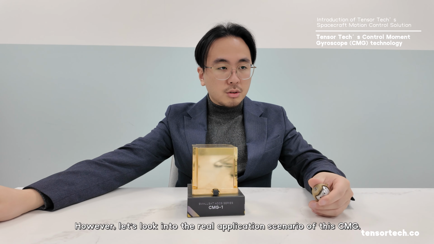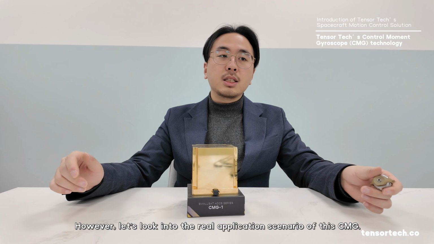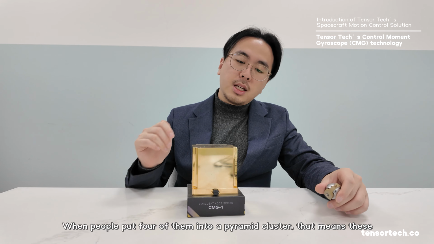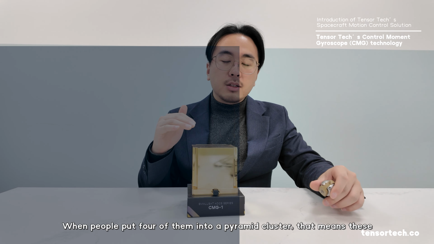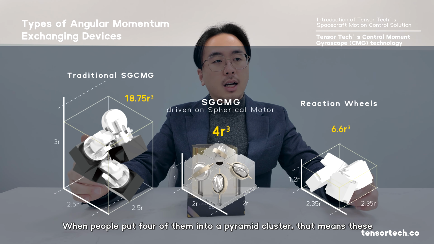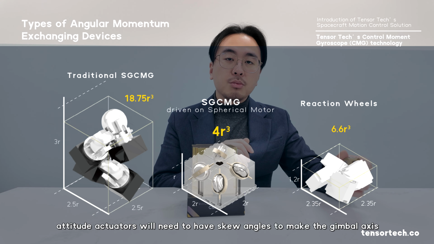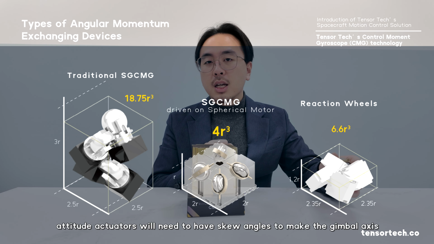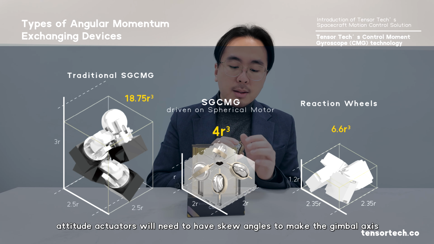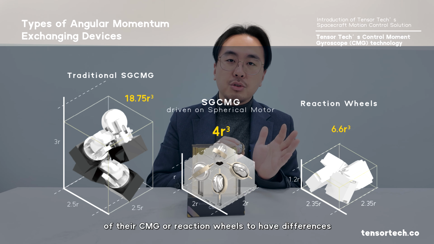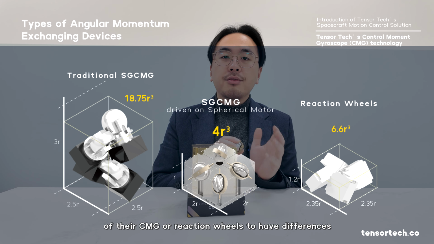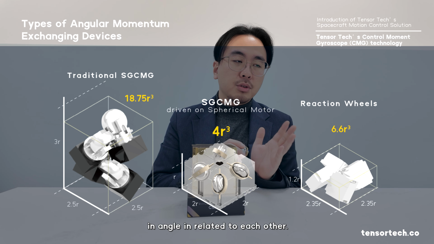However, let's look at the real application scenario of the CMG, where people put four of them into a pyramid cluster. That means these attitude actuators need to have skew angles, so that the gimbal axes of their CMGs or reaction wheels differ in angle relative to each other.